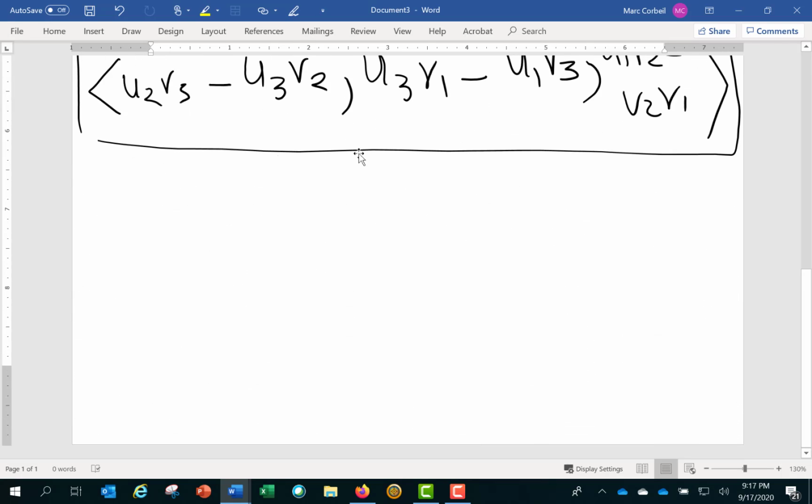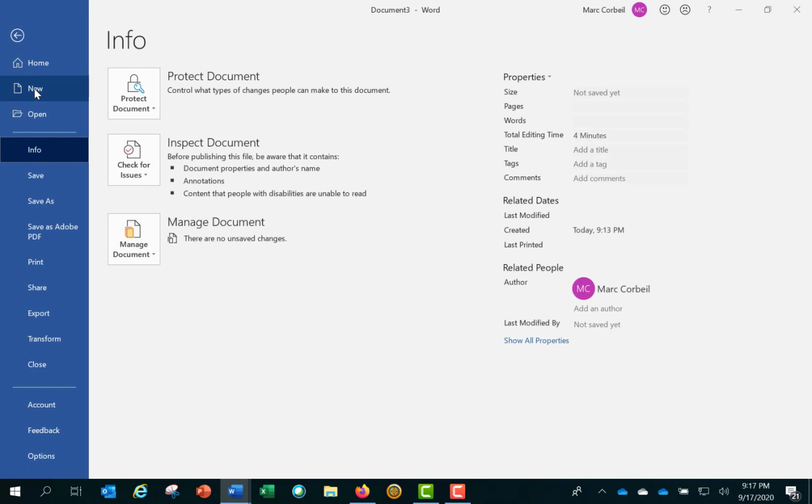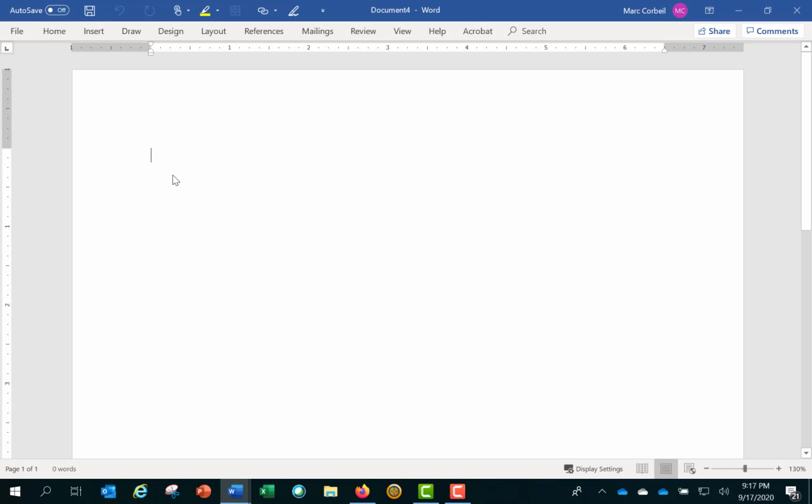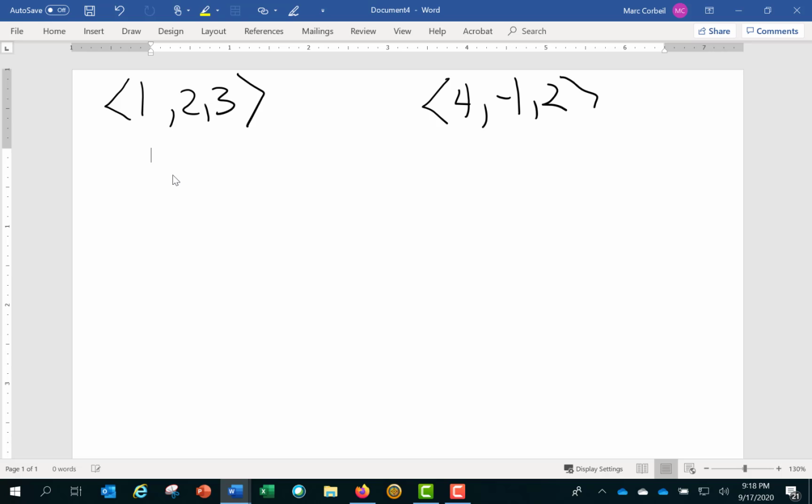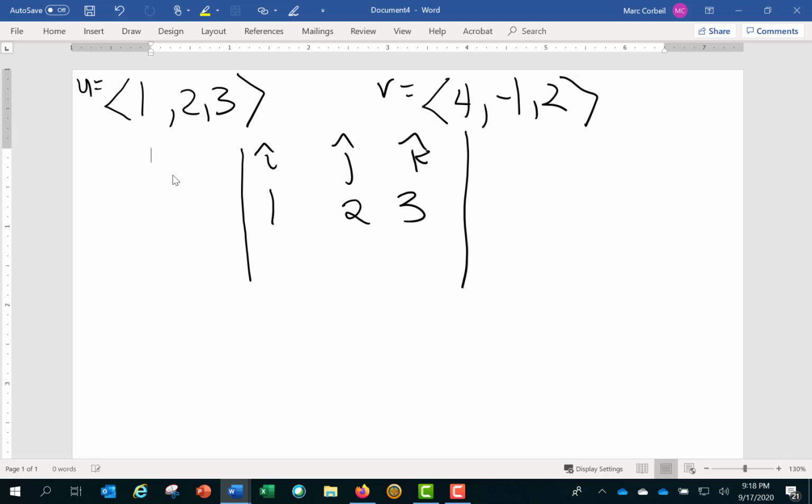So let's do this with some numbers. I will use the numbers 1, 2, 3 for vector U, and 4, minus 1, 2 for vector V. So here's my U, here's my V. I'll set that up again the same way: I, J, K, my first vector 1, 2, 3, my second vector 4, minus 1, 2.